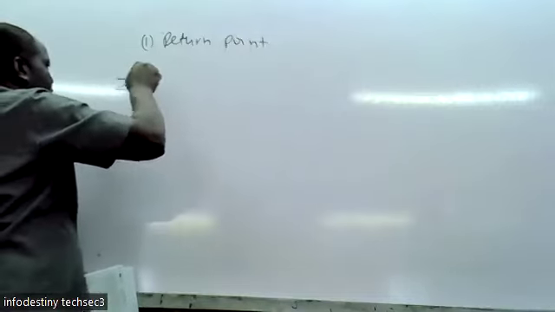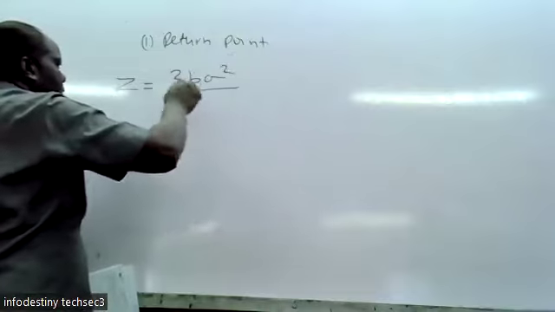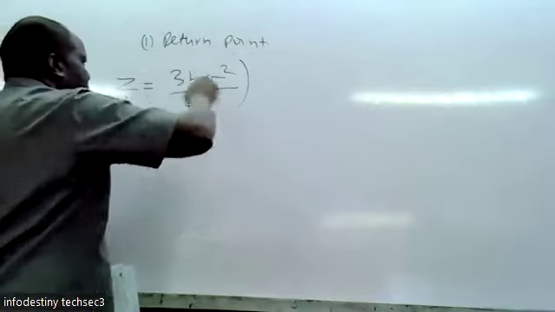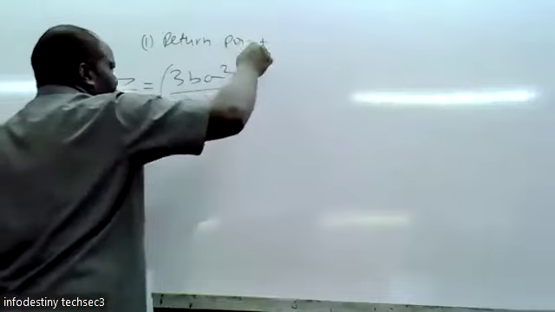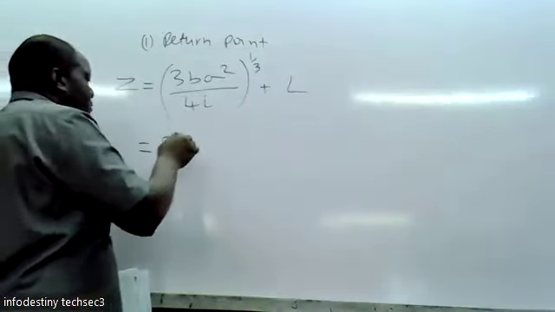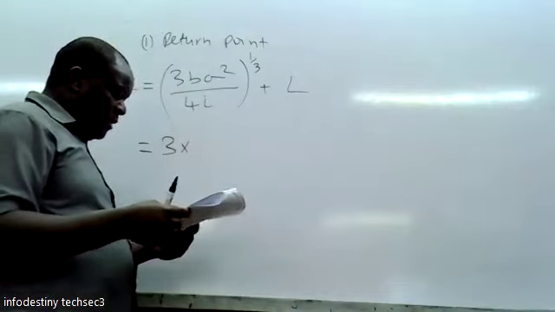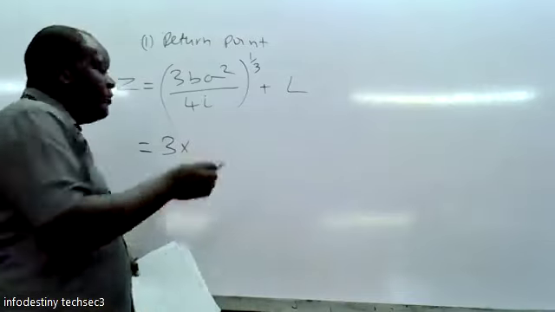Remember, Z is 3bσ² divided by 4i, all raised to the power of 1 over 3, plus the minimum cash balance. b is the transaction cost per transaction, which the question gave you as 200.